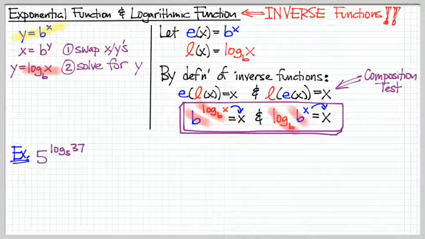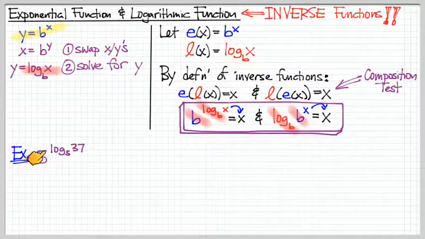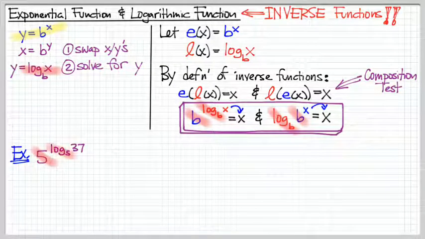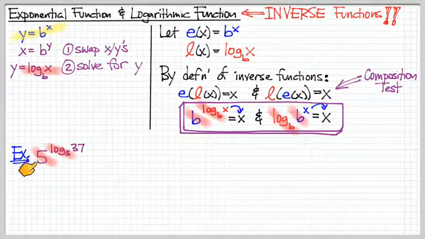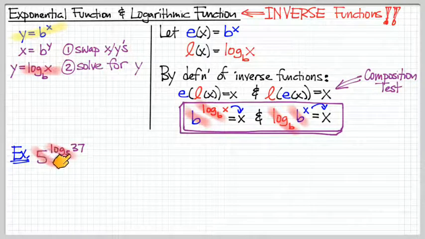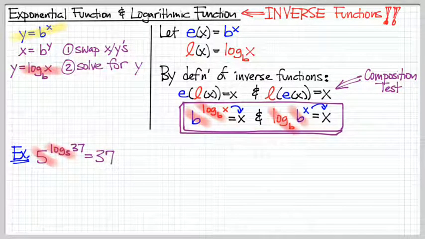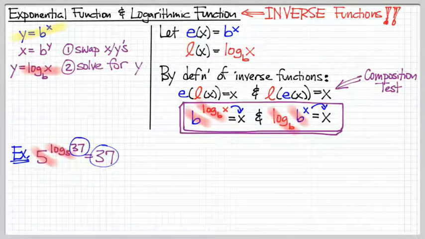So if I have an expression like 5 to the power of log base 5 of 37, it looks complicated, but it's actually rather simple because they are inverses of each other. 5 to the power of log 5 of 37 is going to be equal to simply 37.